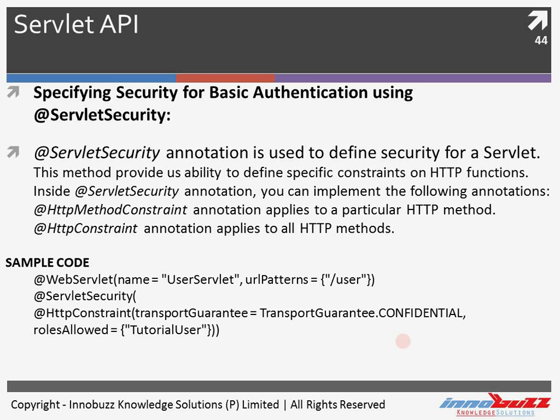The legal values are none or confidential. Here it is confidential, and rolesAllowed is the element used to define the authorized role name. In this example, tutorialuser is the authorized person to access this confidential information. This is the security feature which is also one of the specifications defined in JEE 6, Java Enterprise Edition 6.